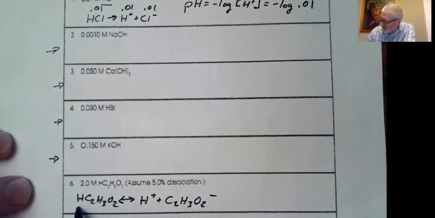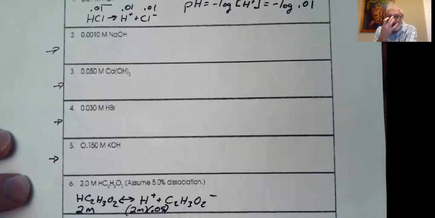So if this has a concentration of 2 molar, and I wanted to know the concentration of these, all I need to know is what is 5% of my original concentration. So here I would just say, okay, the concentration of this would be 2 molar times 5%. Well, if I'm in math class, I'm going to multiply that by 0.05.